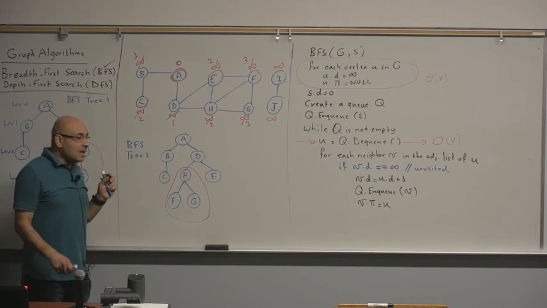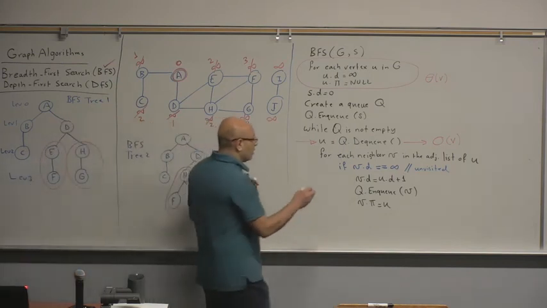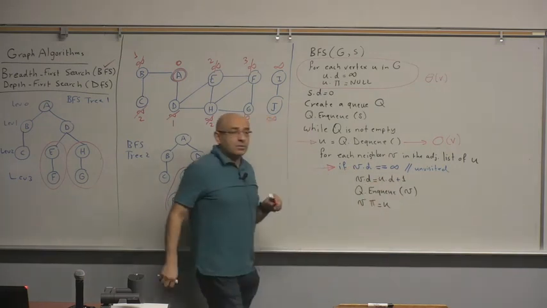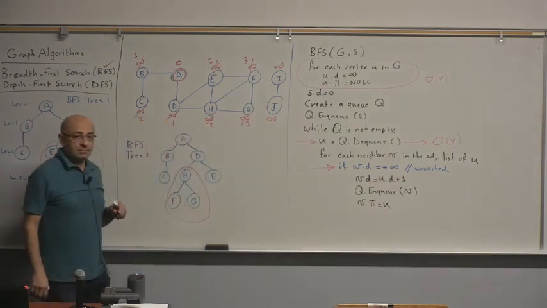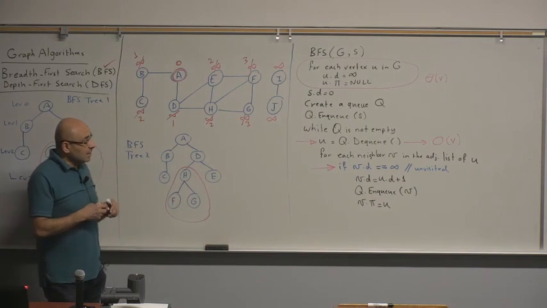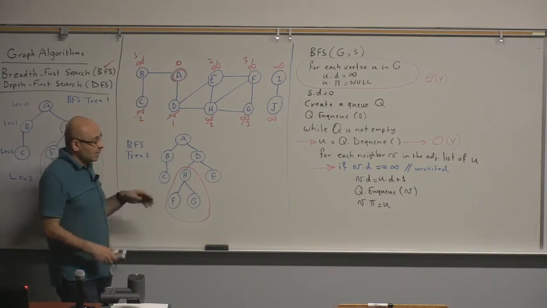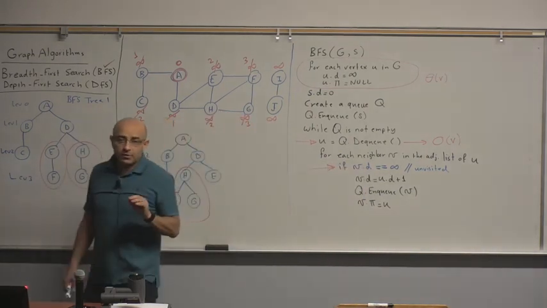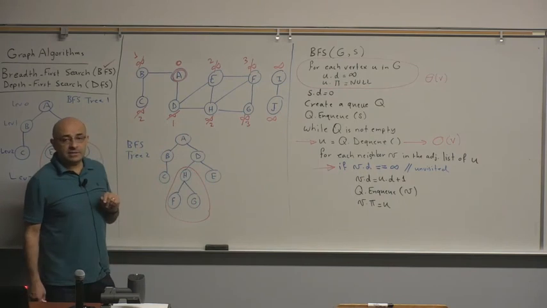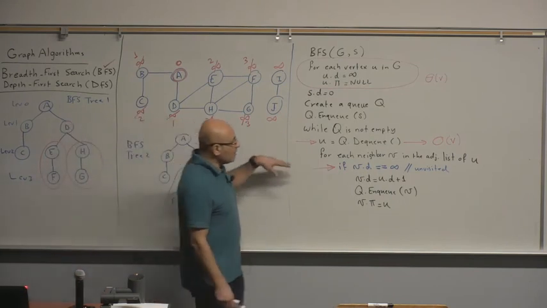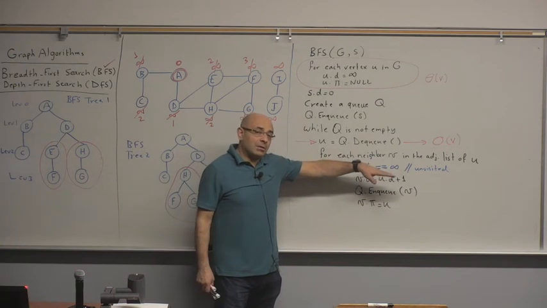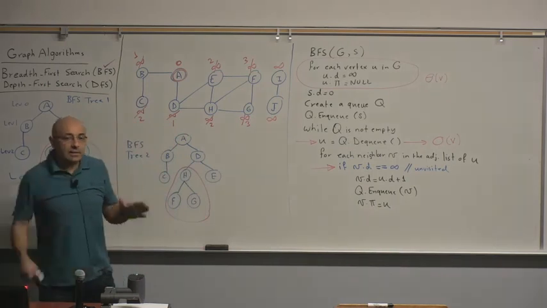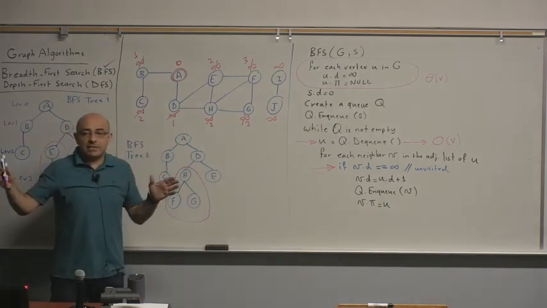Now, the key in analyzing this algorithm is counting the number of times the line in blue is executed. For each vertex, the line in blue will be executed for each element in the adjacency list. So throughout the entire algorithm, the line in blue will be executed the sum of the sizes of the adjacency lists.